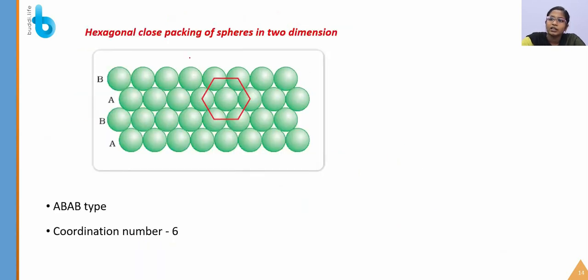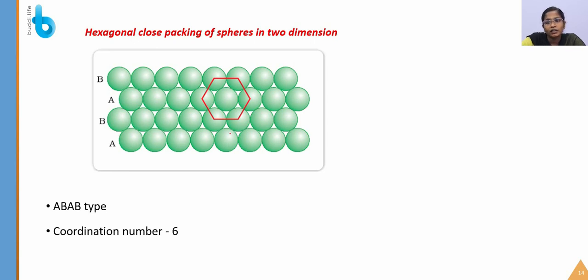Next is the hexagonal close packing of spheres in two dimensions. In this, the first type of arrangement we name as A. Again we are going to place another one-dimensional structure over the first one, but this time we are not going to place it straight above the first layer.